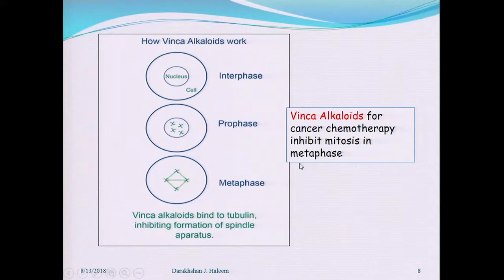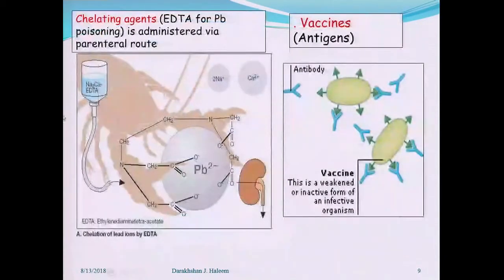These are the various phases of cell division. The formation of the spindle is inhibited. Vaccines enhance the formation of antibodies. EDTA binds with lead.